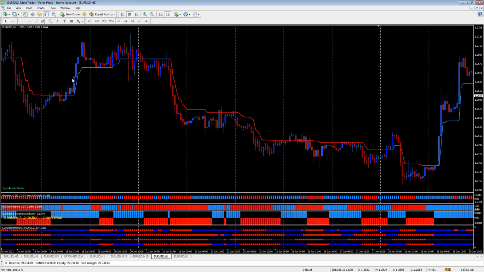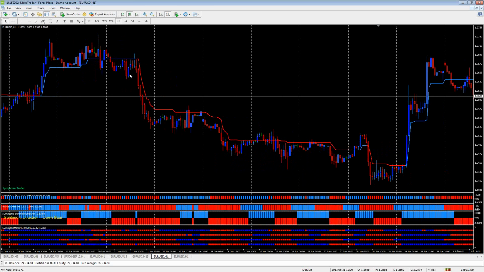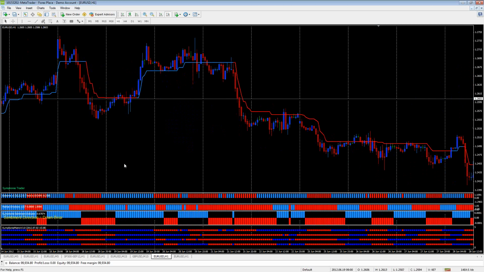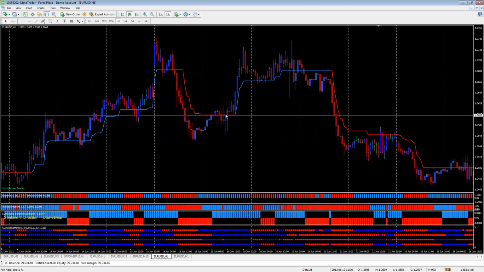If the price is above and the trend line is blue, then look at the other indicators. If the price is below the trend line and the trend line is red, then look at the other indicators. But if the price is above the trend line and the trend line is red, there's nothing to look at.